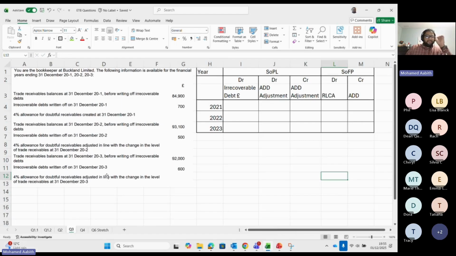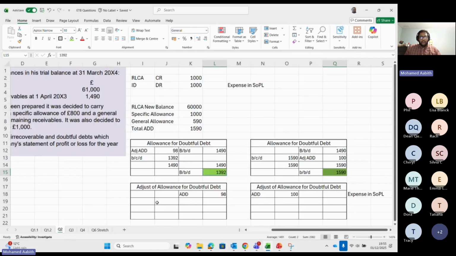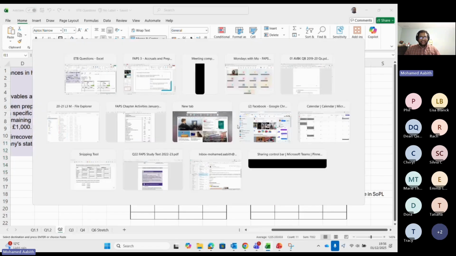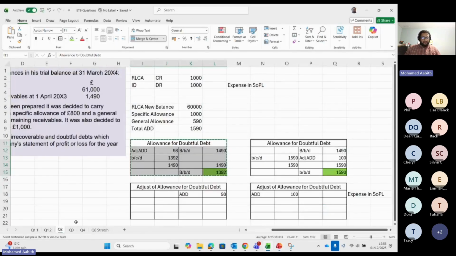Can you see here? In this question, we have the similar way. We're going to start with the new account first. So let's say here, we have started my balances on 31st of December 2021, 2022, and 2023. So every year we have to make an adjustment. So what we'll do, I'm going to bring those T accounts again just to give me some clarity of this particular scenario.